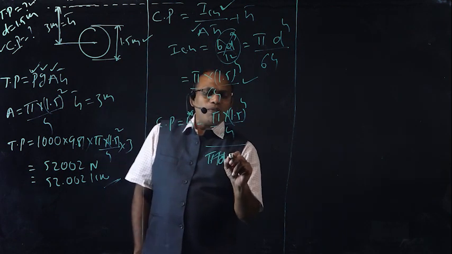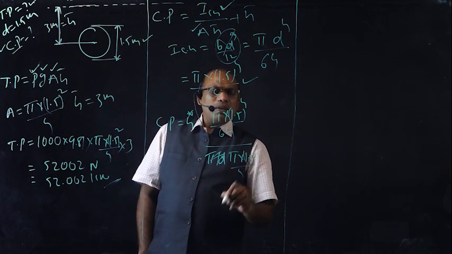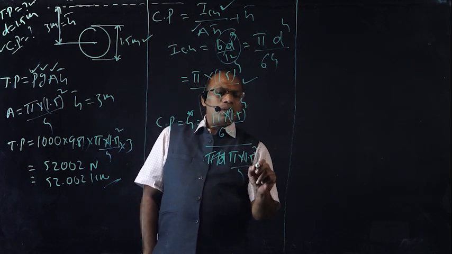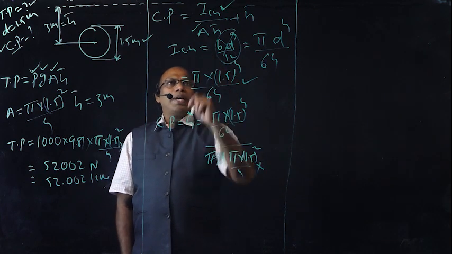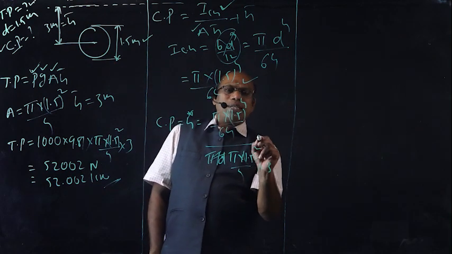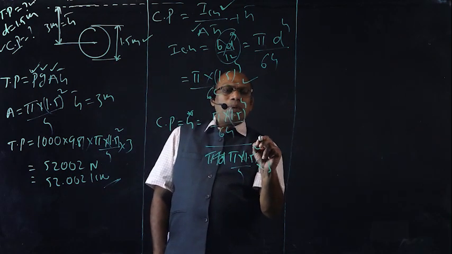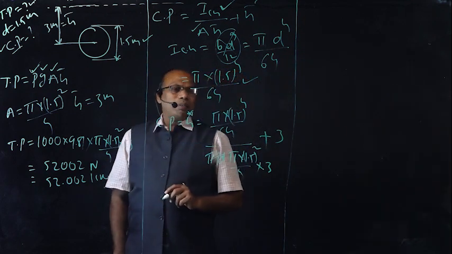Area is pi into 1.5 square divided by 4, into H bar. What is the H bar? H bar is equal to 3 meters, plus H bar. H bar is nothing but 3 meters.